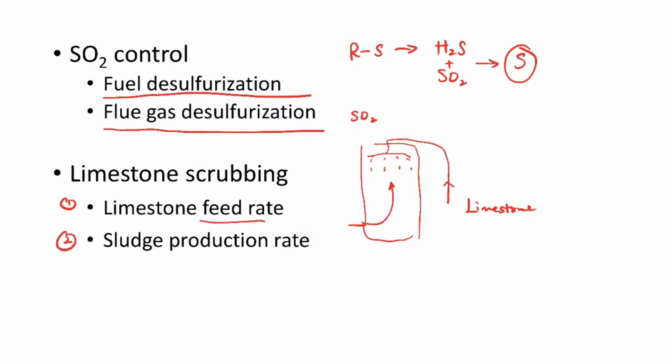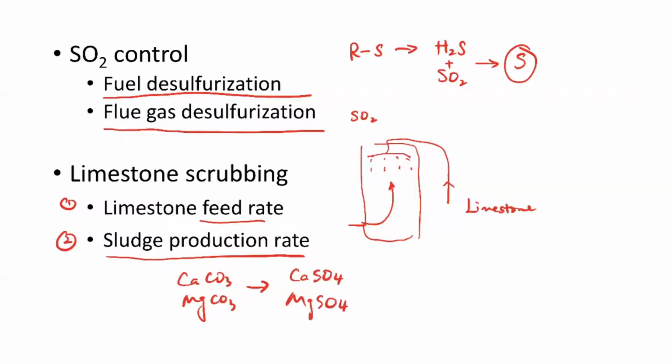And then we're also interested in the sludge production rate, mainly to consider the reaction from the calcium carbonate or magnesium carbonate into the calcium sulfate or magnesium sulfate. Okay, so this is a general idea about the sulfur dioxide control.